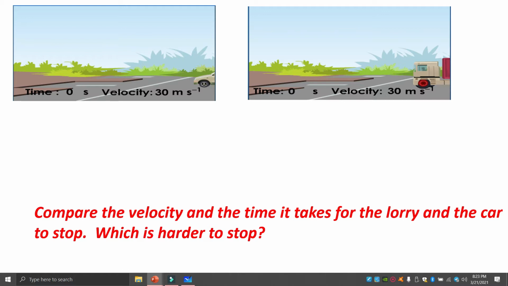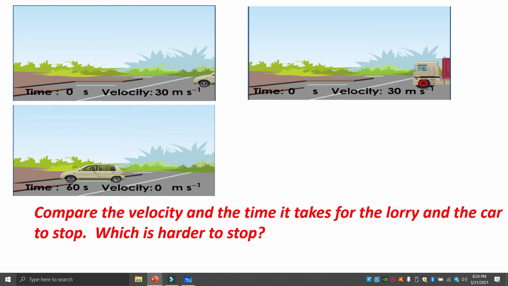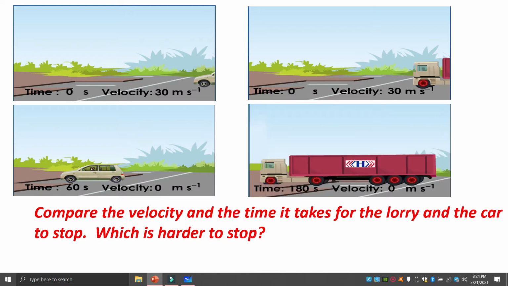Both move with the same velocity, 30 ms^-1. So the only difference between the lorry and the car is the mass. Which one is harder to stop? Of course the lorry. You can see the time here: the time for the car to stop is much lower compared to the lorry.